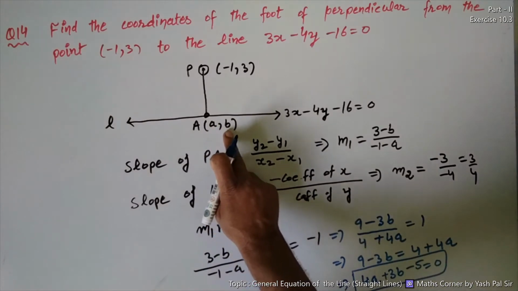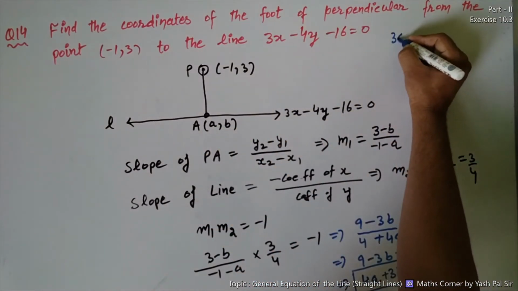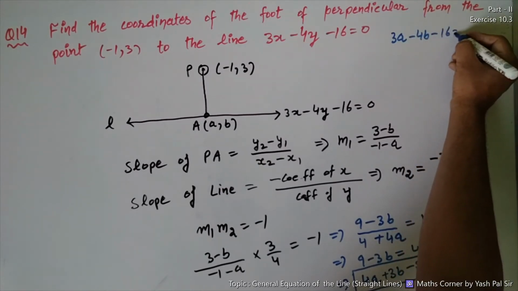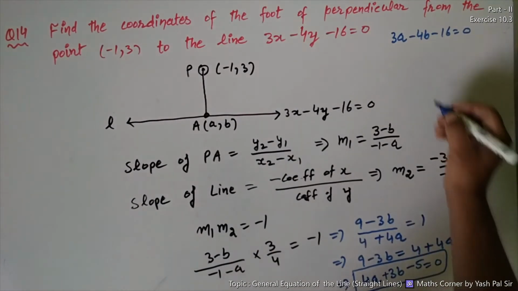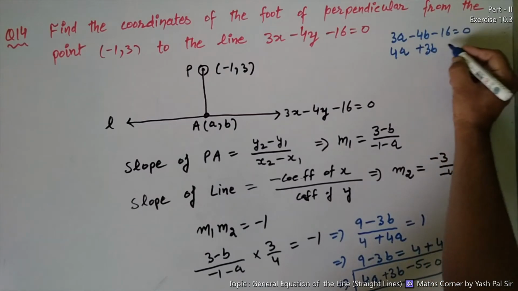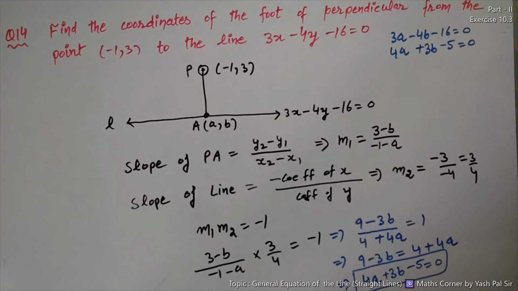Also the point a comma b lies on the line, so we can also write 3a minus 4b minus 16 is equal to 0, and this equation we have obtained as 4a plus 3b minus 5 is equal to 0.